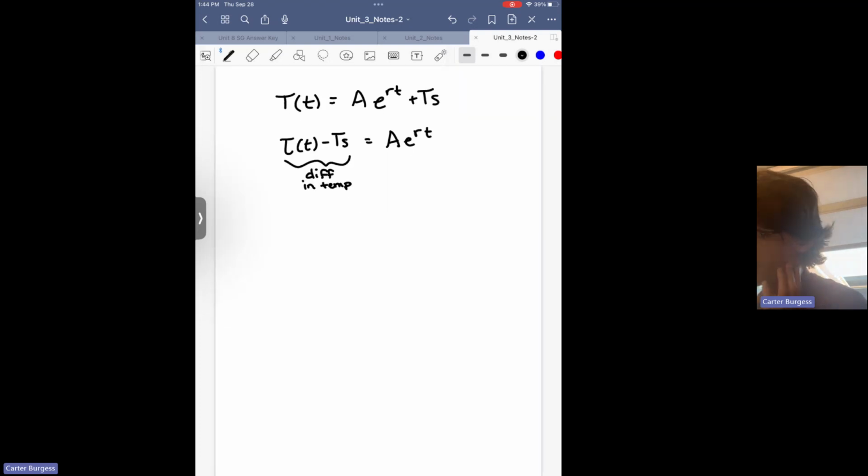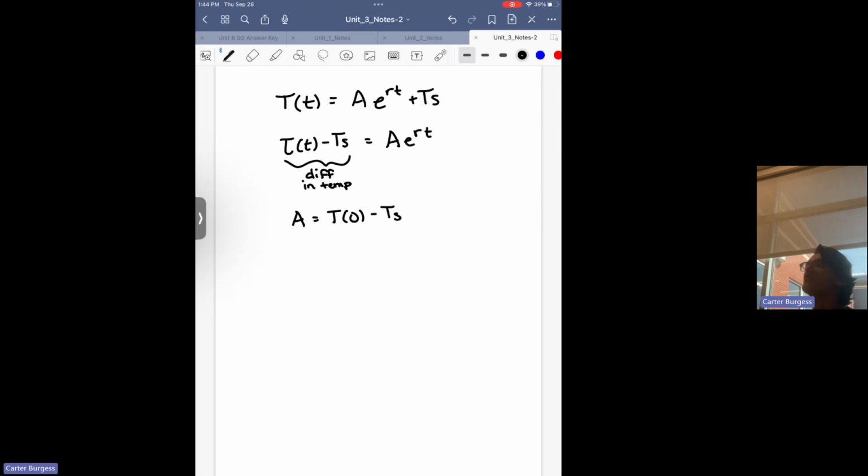So A is going to be equal to the initial temperature of our object minus the surrounding temperature. So it's still the initial amount, it's just now the initial amount is a little bit complicated. It's the initial difference in temperature.